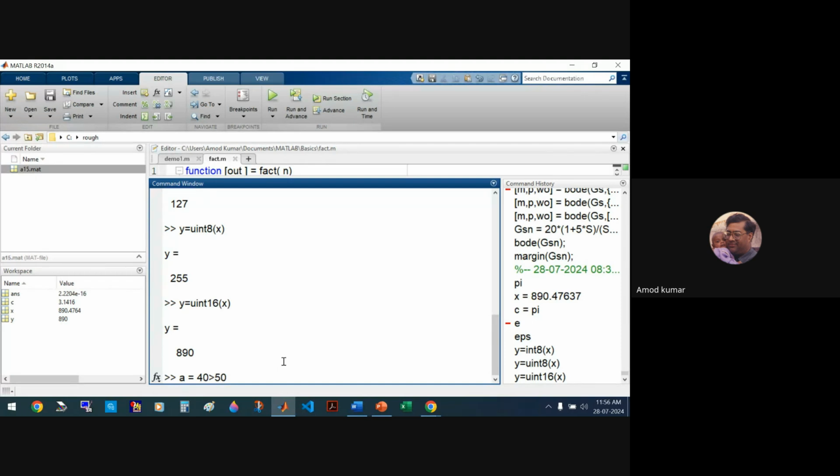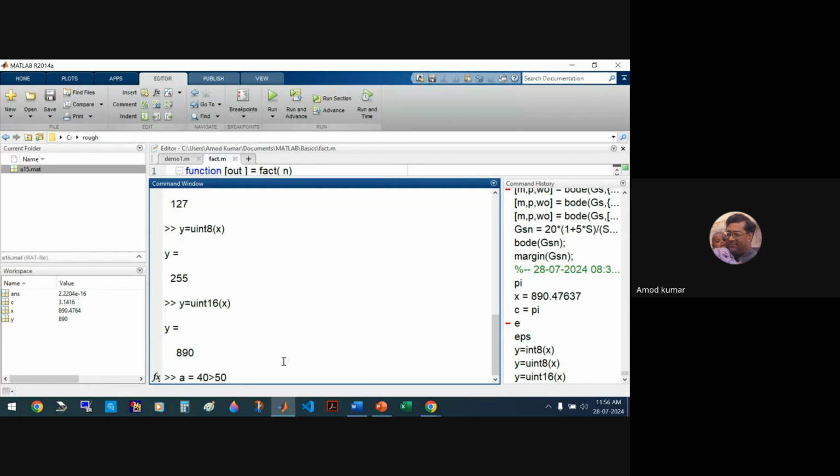That value will be assigned to A. This is a logical instruction. Either the answer will be 0 or 1, but whatever answer comes, that will be assigned to the variable A. So variable A will be either 0 or 1, depending upon whether this condition is true or false.